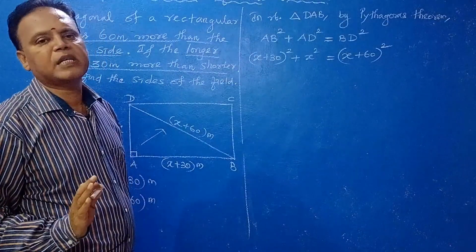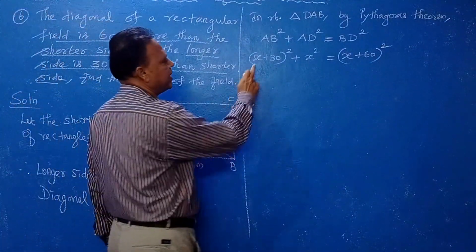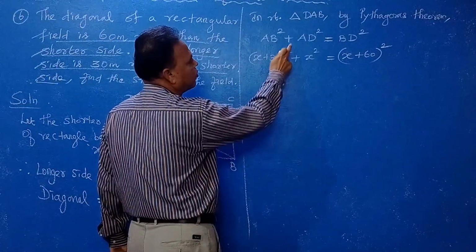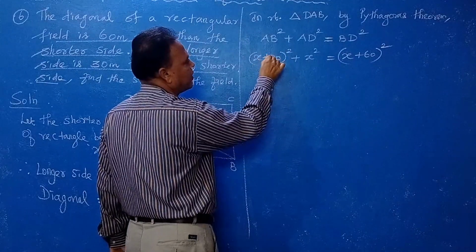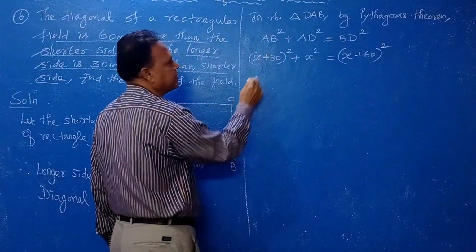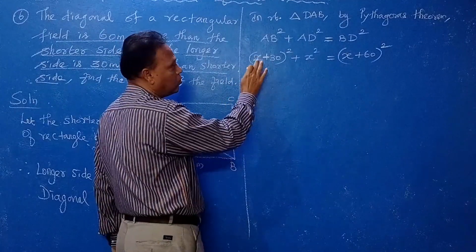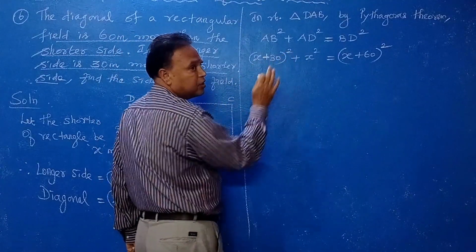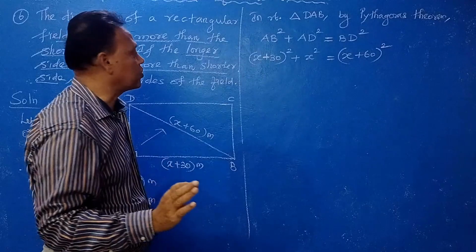Now apply the a plus b whole square formula here. This x plus 30 whole square is of the form a plus b whole square, so you have to apply the formula. Straight away you cannot take the square.